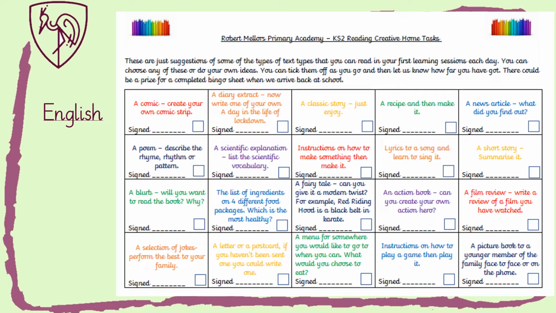So reading a comic and creating a comic strip, we can get lots of writing from that. A poem. We can definitely get some writing out of that one as well, and there's lots of others there that we could choose and have a good write about afterwards. So please choose wisely there. I am asking you to spend your reading and writing time on this activity and get the first square of this bingo sheet ticked off today, please.